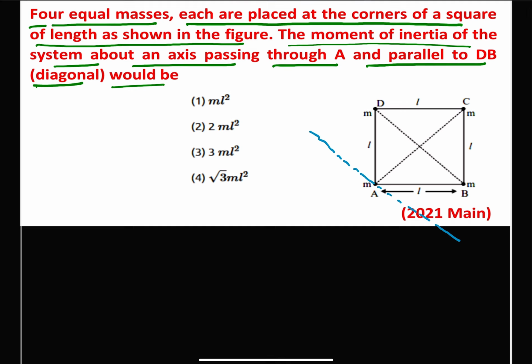So let us say that A is our origin and its coordinates are 0, 0, 0. B has the coordinates a, 0, 0, C has the coordinates a, a, 0, and D has the coordinates 0, a, 0.